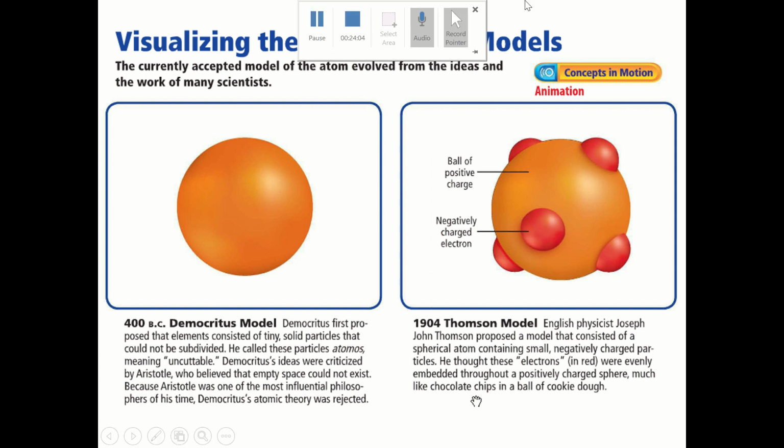So that was an English physicist, and he said that the atom has a spherical shape. And it also has small negatively charged particles, and he thought that those particles are the electrons, but they are inside the atom, and they are evenly embedded throughout the positively charged sphere, much like a chocolate chip or a watermelon, as I told you.